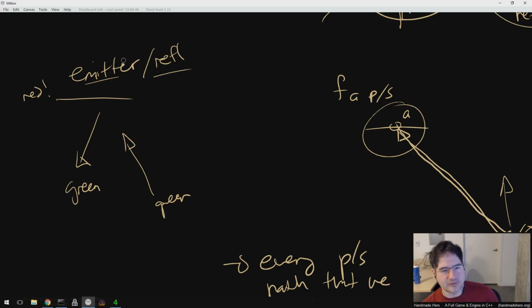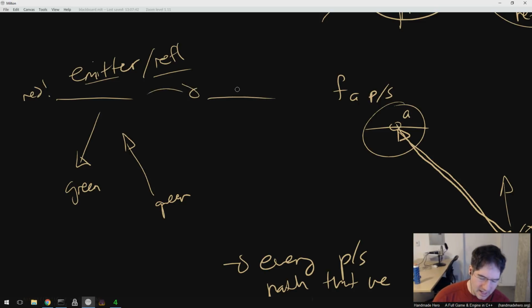So the thing that I'm concerned about is what happens with emission and reflection on the subsequent frames. I need to be able to know that I'm not adding in this additional emission that's coming from the user. I'm just saying that this is how much has to be emitted at a minimum, right?